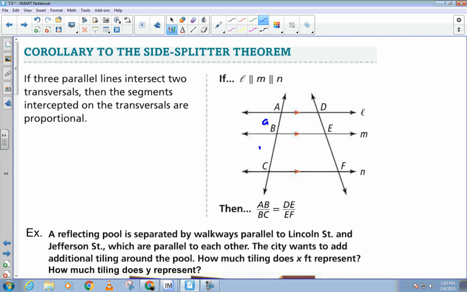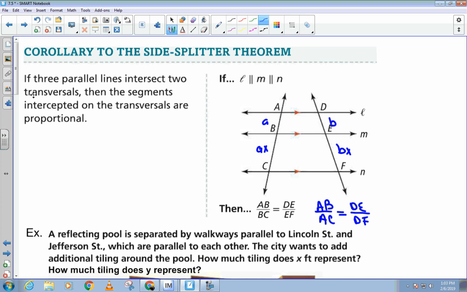You can even do this to the whole, like AB is to AC as DE is to DF. They listed AB is to BC as DE is to EF. Like I said, you could do AB is to AC as DE is to DF.